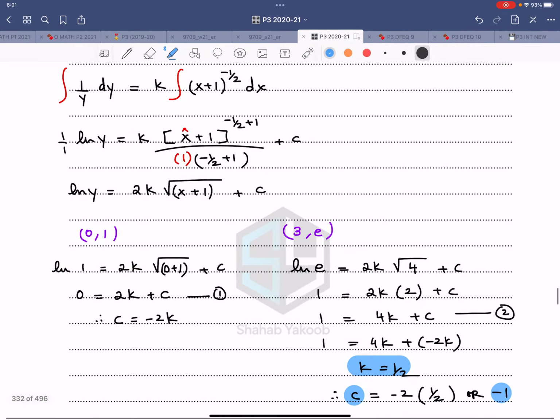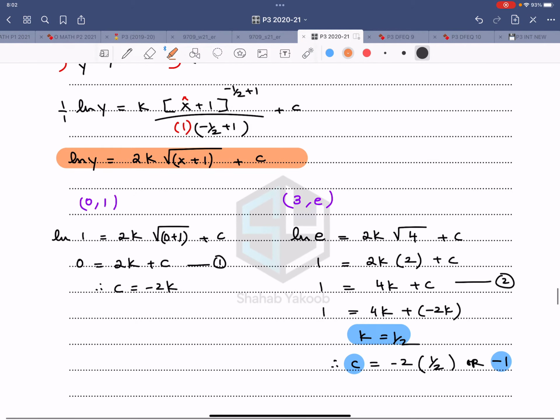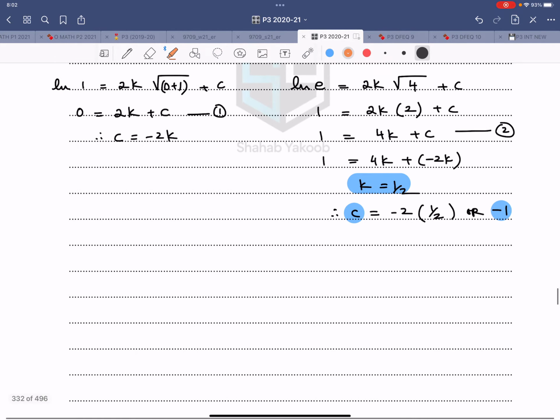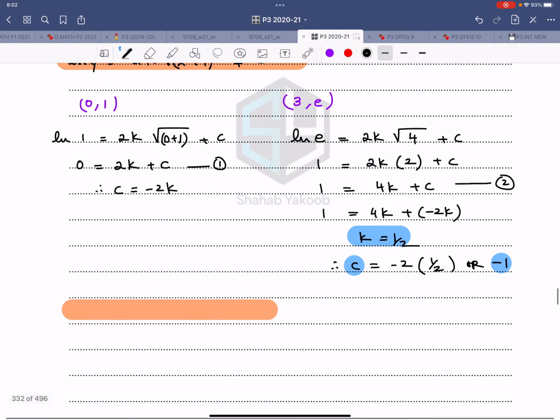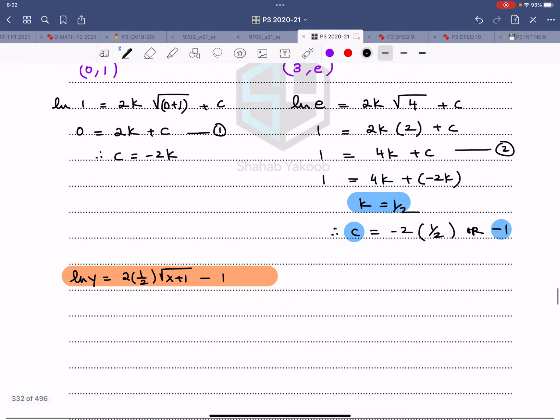So now this was the equation, and now rewrite the equation with the correct constants. So therefore ln y equals 2 into k is half, this is square root x plus 1, and c is minus 1. Let me simplify it further. That is square root x plus 1 minus 1, this is in brackets. This is ln of y.